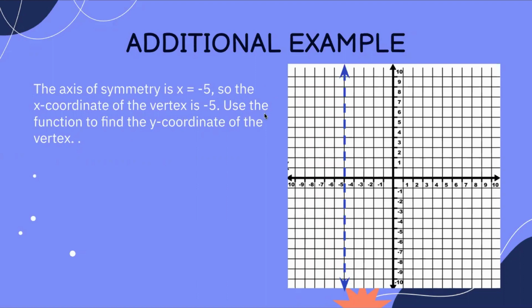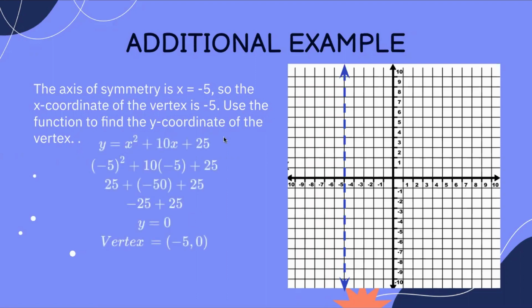So all we have to do is use the equation that we are given to find the y coordinate. Our given equation was y equals x squared plus 10x plus 25. All you have to do is substitute negative 5 for all your x values. So that would be negative 5 squared plus 10 times negative 5 plus 25. Negative 5 squared equals positive 25.